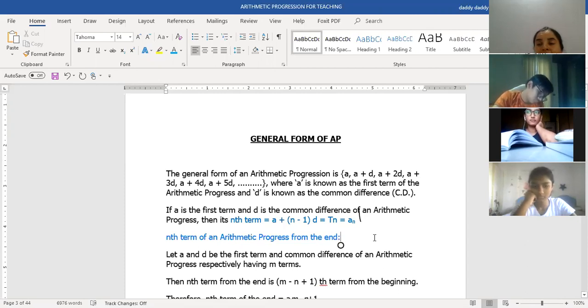So the question will be like this: in an AP which has 50 terms, find the value of the 16th term from the end. The 16th term from the starting and the 16th term from the end will be different, because then you will write the series, start counting from the end, go in reverse, and find the 16th term from the end. So there is a formula for that.